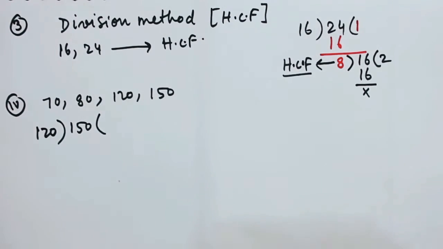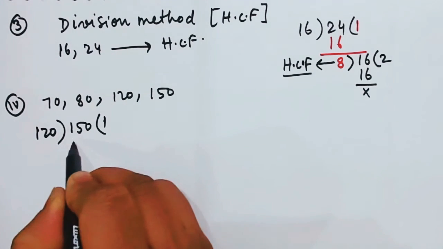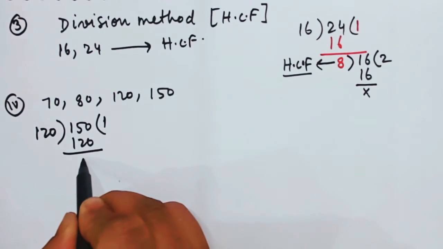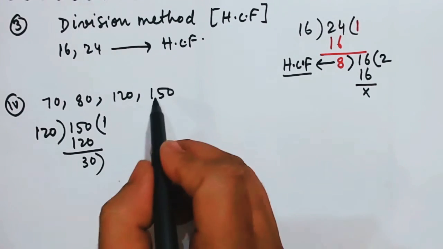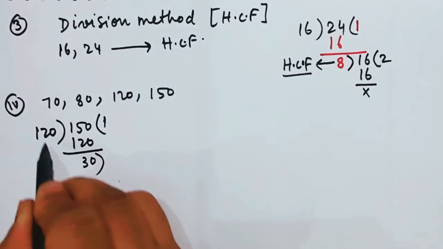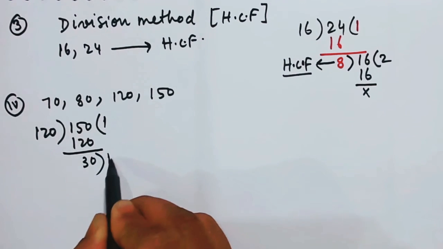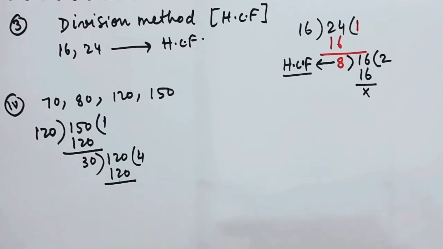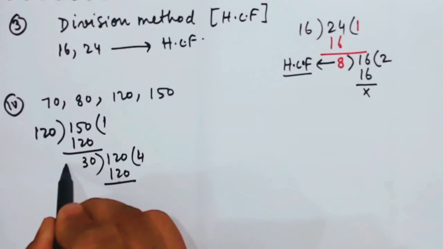One of you asked why we can't divide by 80. You can, but there are certain rules. If you follow the rule, it becomes easier. If you follow any other method, that's not a big thing. So 120 goes one time in 150. Then I get the remainder 30. I told you that this 30 becomes the divisor. 30 goes 4 times in 120. So the HCF of these two numbers is 30.